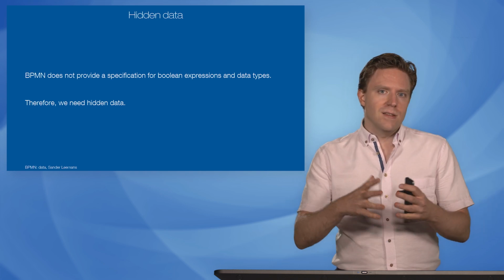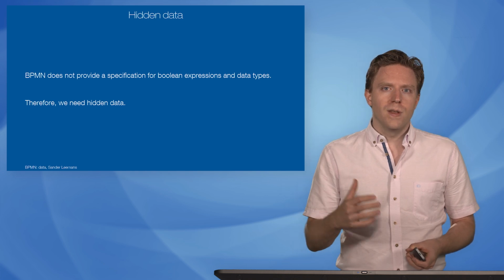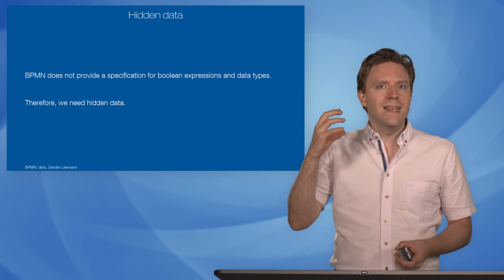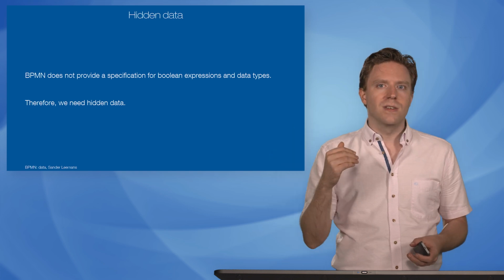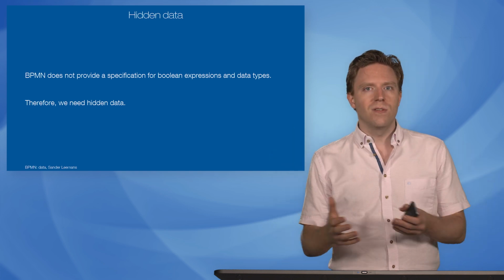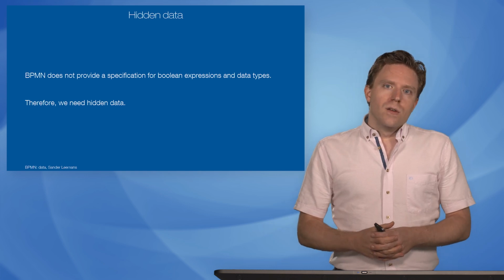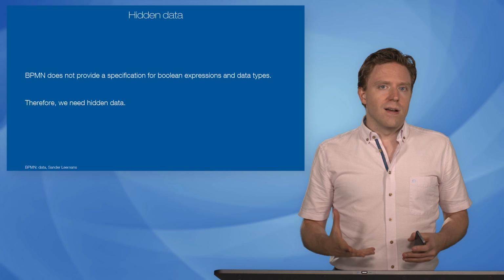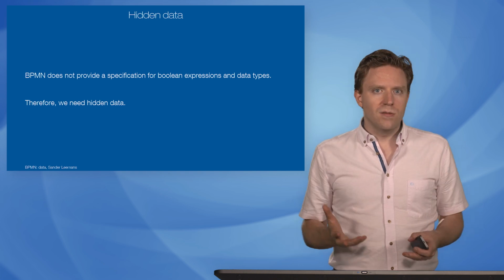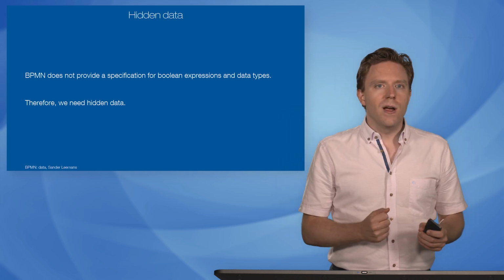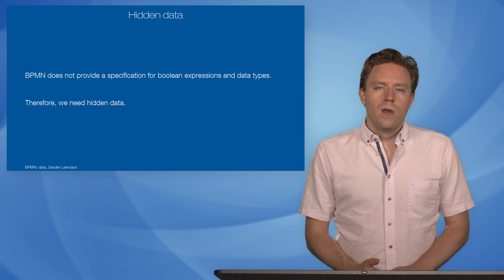So there is no way to put this small data or this hidden data explicitly in a process model except in XML, but you cannot see it if you visualize the model like we do here. So we need hidden data in order to make it work. We cannot put data objects everywhere, and we just need hidden data.